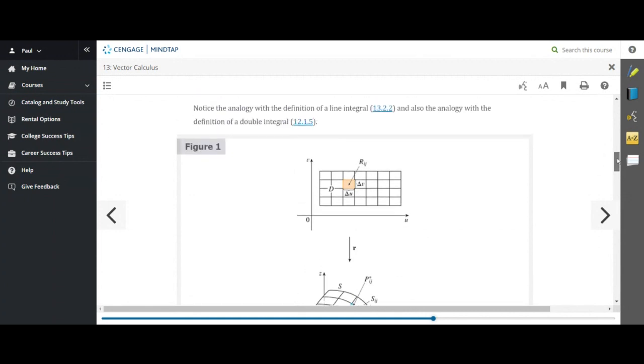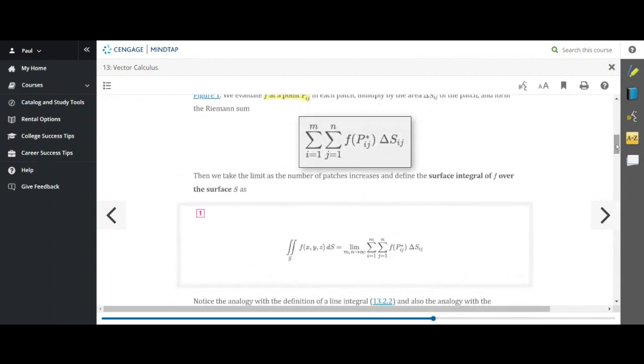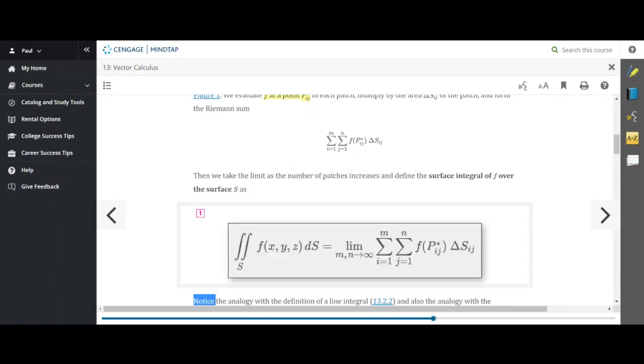And what we want to do is add up all those values, the values of the function at each point multiplied by the area of the patch at those points. If you sample more and more points, you'll have smaller and smaller patches.